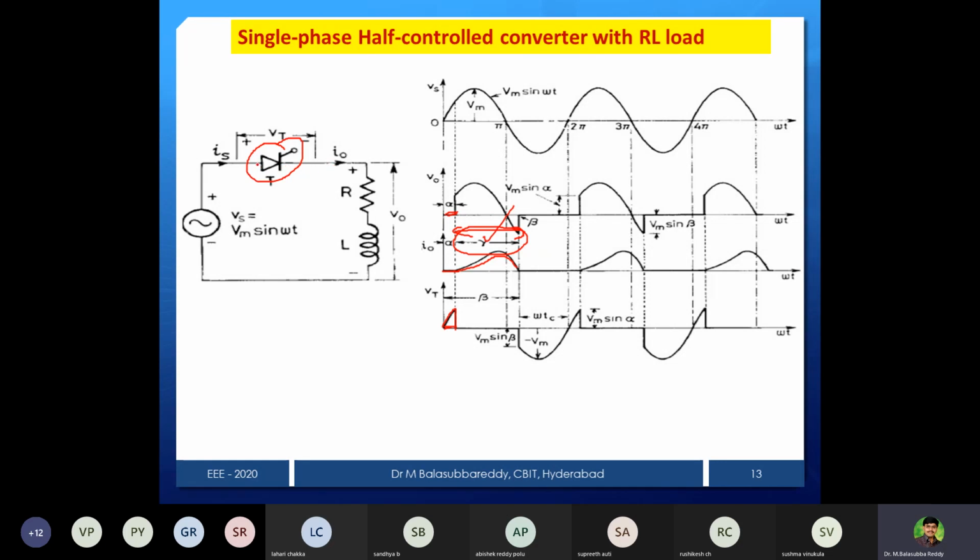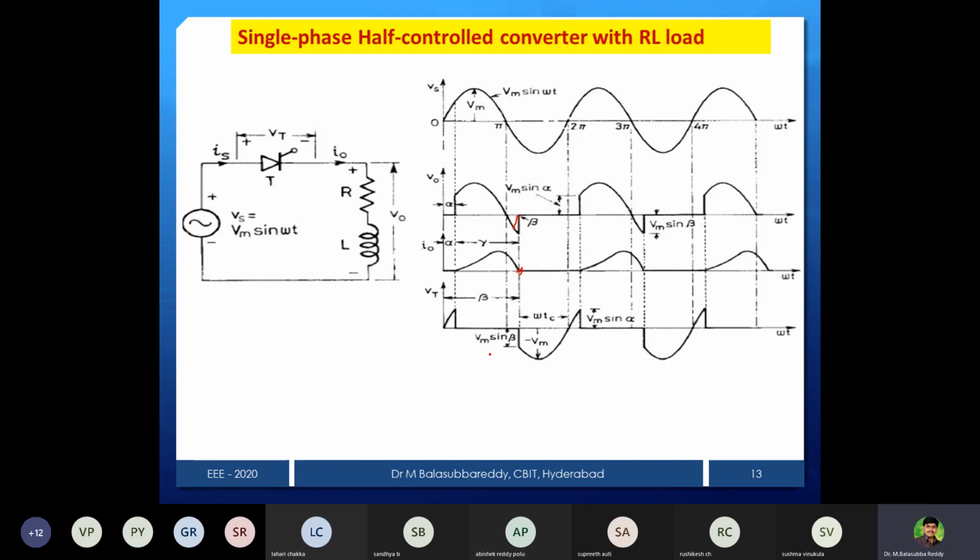From the point alpha where the device is fired, until the current extends to 0, that duration I call the conduction angle. And once beta is reached, the current is 0 and the device will be open. This is the positive half cycle explanation.